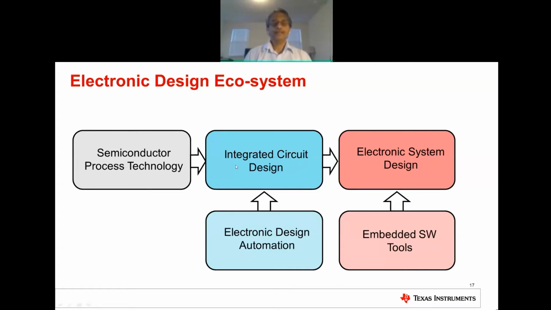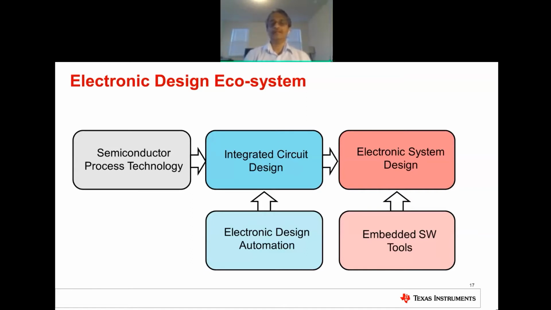The integrated circuit design is really the area of electronic design or chip design, if you will, which leverages the underlying technology and builds the integrated circuit, which feed into the electronic systems. And these are the end devices from your smartphones and the wearables to some of the electronics that we see in the cars for the advanced navigation and so on, and industrial automation.